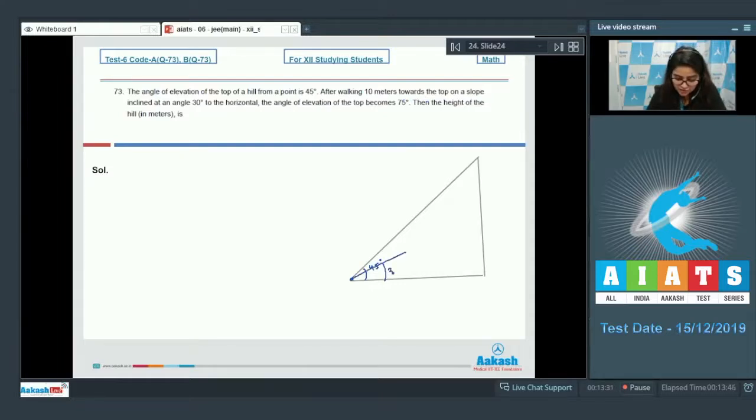So this is 30 degrees and this length is 10 meters. Now the angle of elevation of the top becomes 75 degrees.